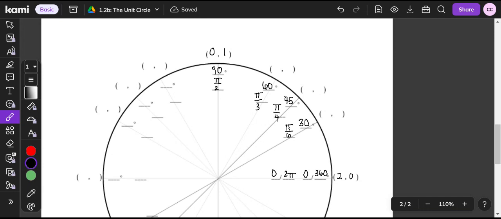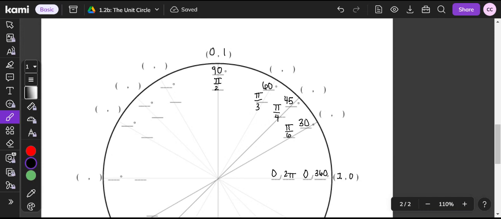So 30 is 1/12 of the circle. So all I would need to do is take 2 pi and divide it by 12, and I'll get pi over 6. In this case, I would take 2 pi and divide it by 8. 45 is an eighth of 360. And in this case, I would take 2 pi and I would divide it by 6, because 60 times 6 gives me 360.